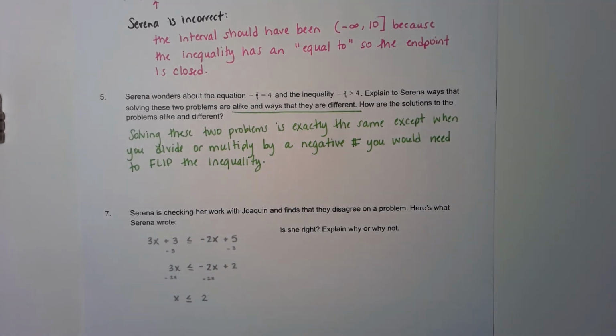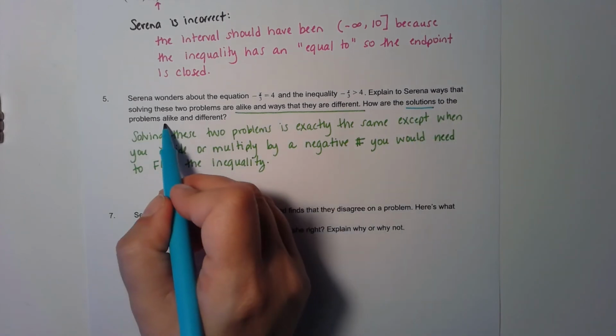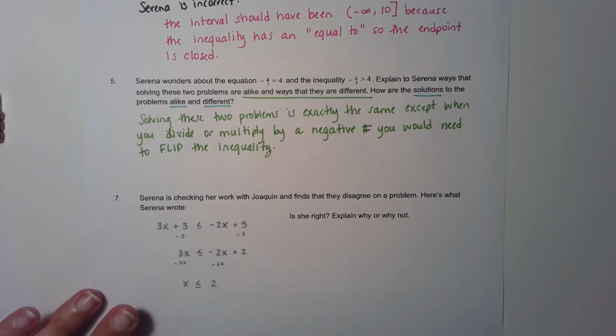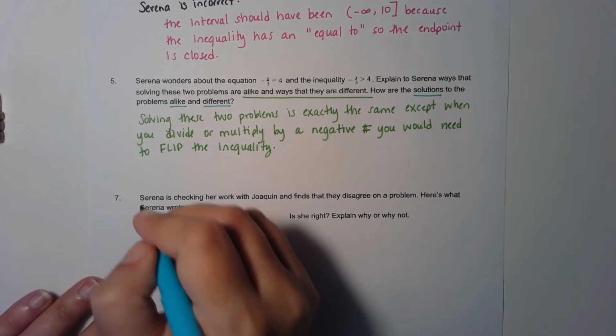Now, the second part of this question is, how are the solutions to the problems alike and different? And the difference is that when you solve an equation, there's one solution, and when you solve an inequality, there are lots and lots of solutions. And so it's just a group of numbers versus one number when you have an equation.